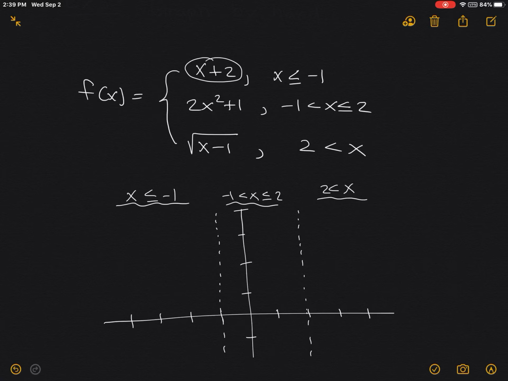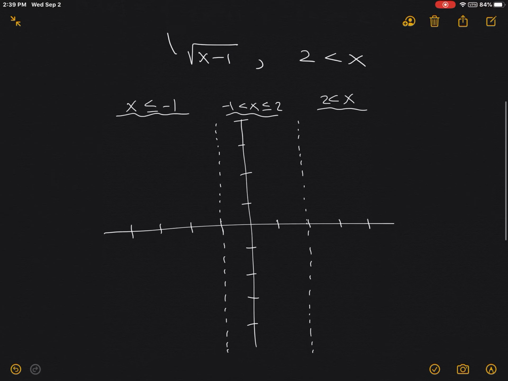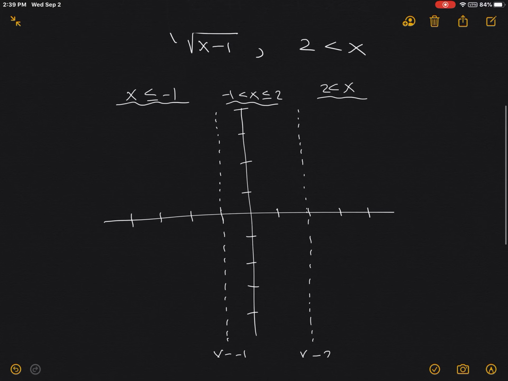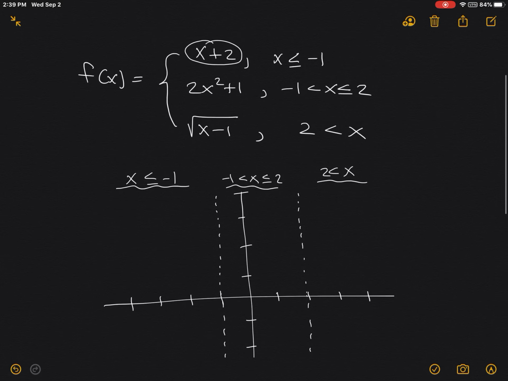All right, so if you have no further problems with that, what I'm going to do is quite simply plug in points, okay? So in this region right here, for this line, x plus 2, I'm going to use 2 points. Here's x, here's f. The point I'm going to plug in is the boundary point, which is -1. So if I plug in -1 into this function, -1 plus 2 gives me 1.